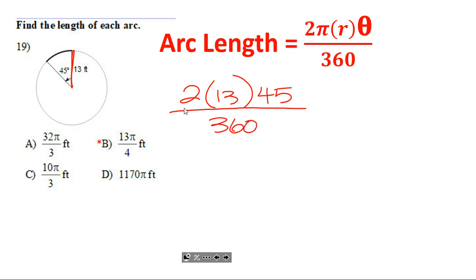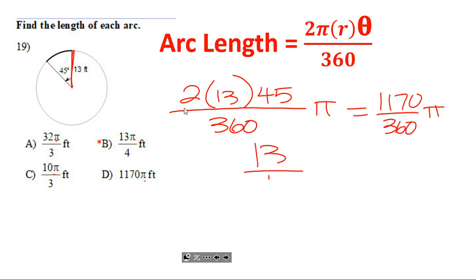And again, I'm going to leave that pi for the end, because I notice that I've got pi in all my answers. So when I do this, I end up with 1170 divided by 360. Again, I'm going to have pi. So this ends up being 13 over 4 pi, which is this one right here. Hopefully that helps y'all.